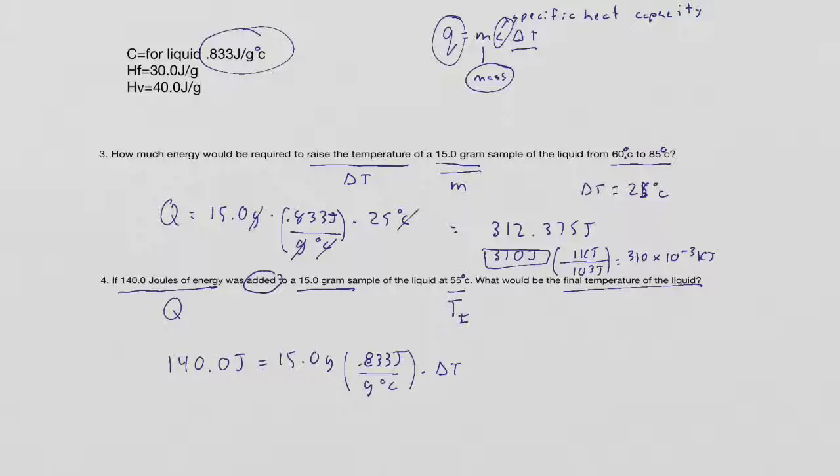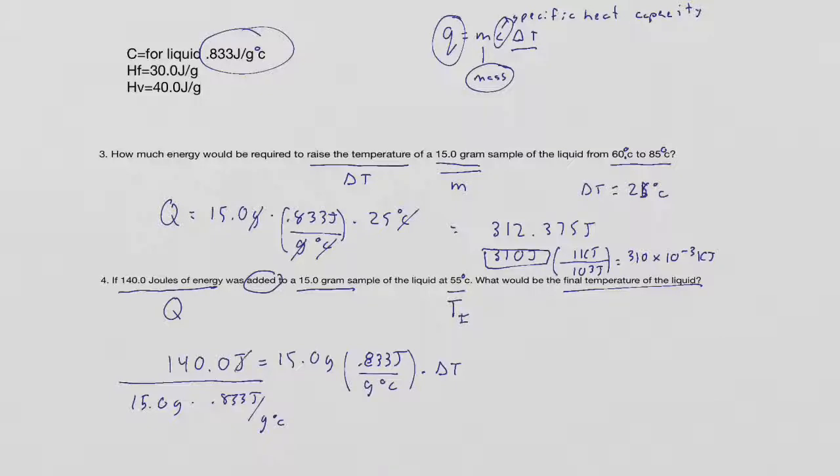So how do we do this? Well, we have to move things around. The way you can do this is kind of your decision, but in the end, you're going to divide 140 by 15.0 grams, and you're also going to divide by 0.833 joules per gram per degree Celsius.